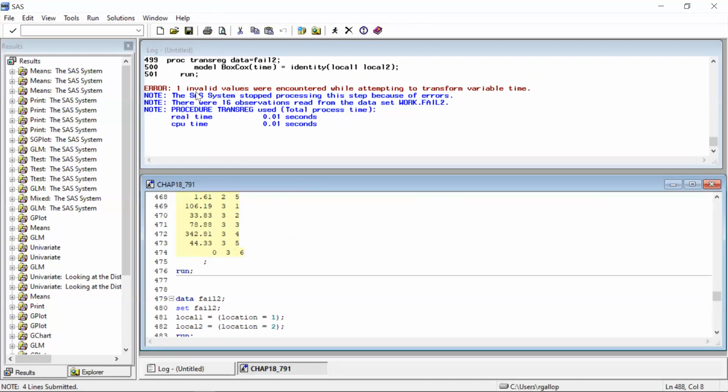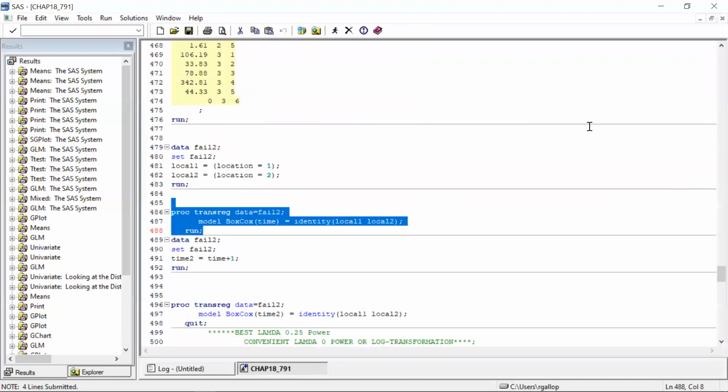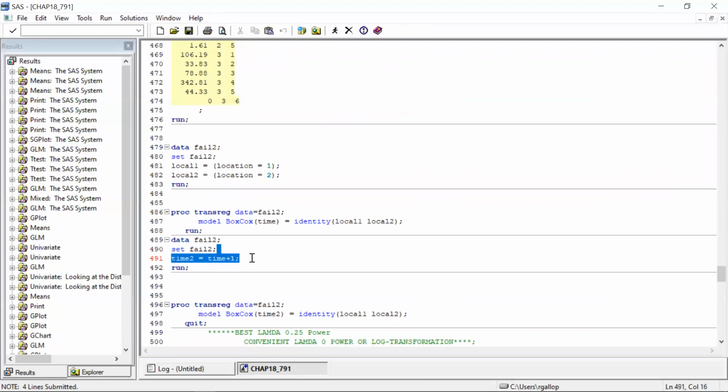If your data is really thick and you didn't look, this will give you a sense that now you have negative or 0 values. If you have negative or 0 values, you need to invoke a shift, which I'm doing by shifting the data by 1 here on line 492.